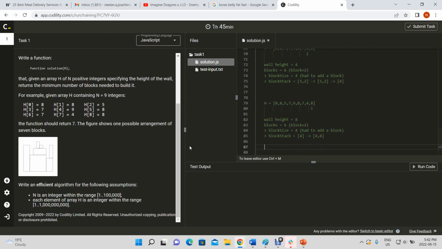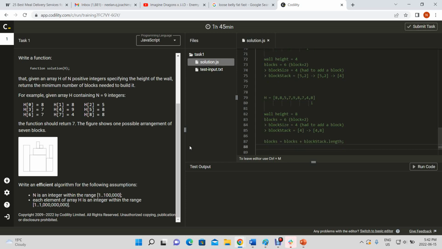So then we would have a number of blocks, which would be equal to blocks plus block stack dot length, right? And that would actually equal 8. Wall count is equal to 8.